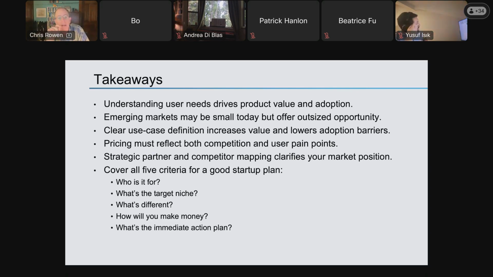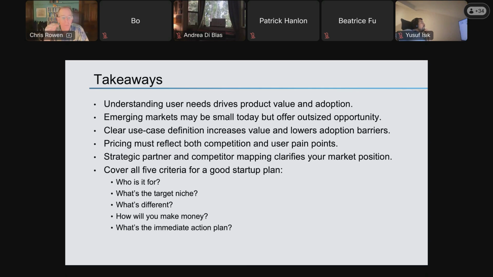Understanding who your partners and competitors are helps define your market position so that you can be clear that you both stand out when you define yourself to customers, to employees, to investors, but it also clarifies where you are really making your investments.